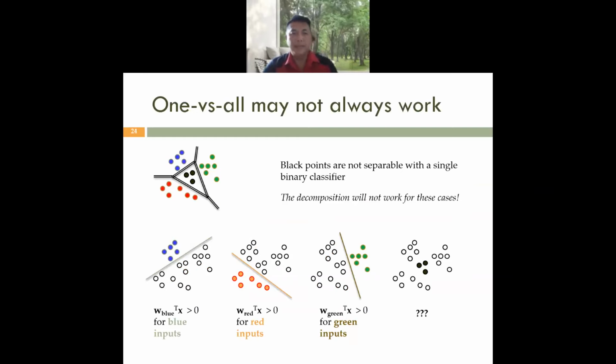But the problem is when we combine them, the black points here are not separable with a single binary classifier. So if we combine them, this is the scenario in which we are not able to solve this.